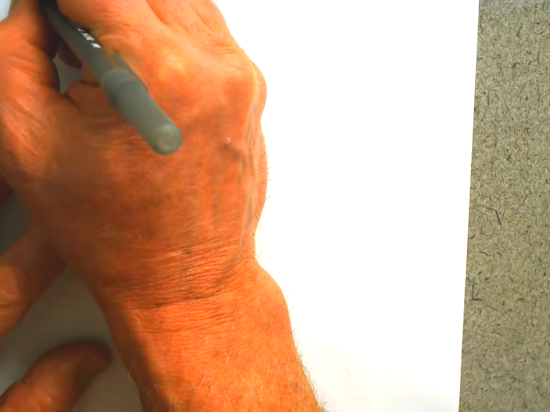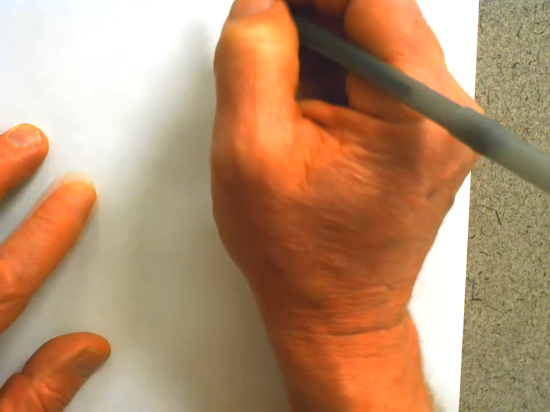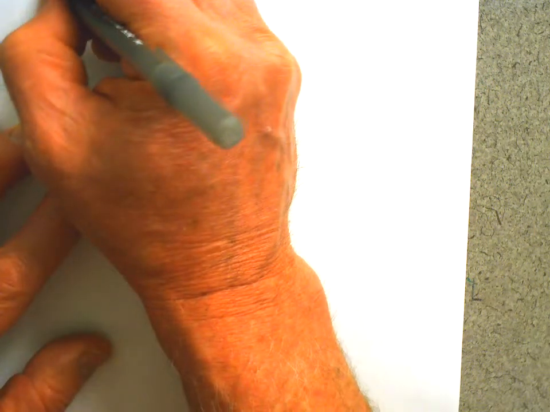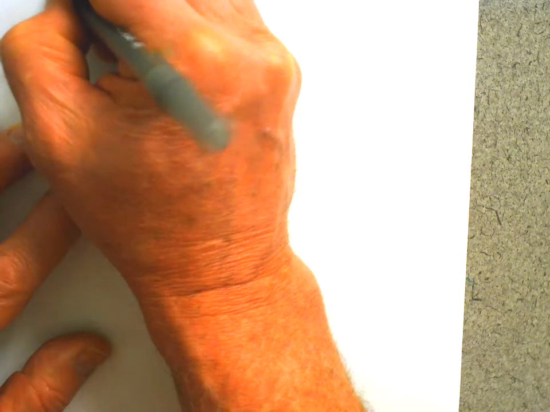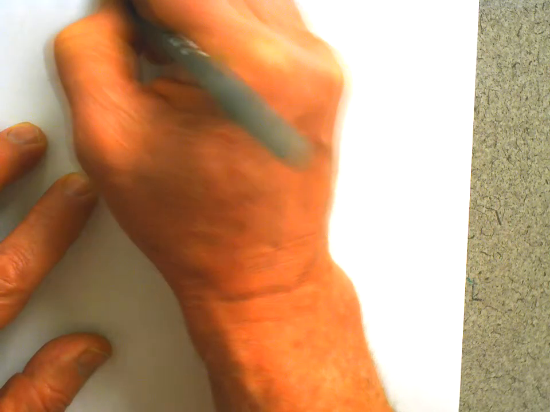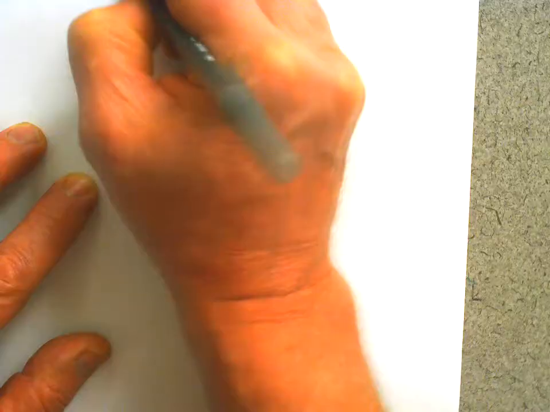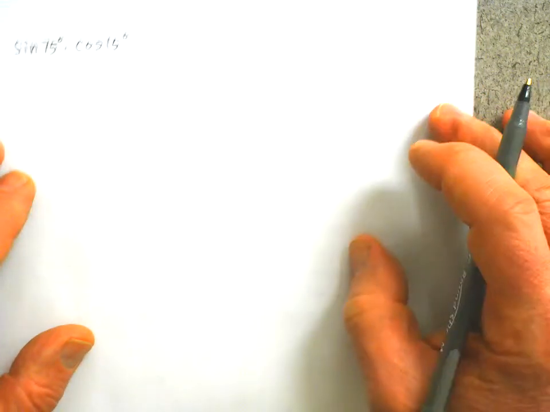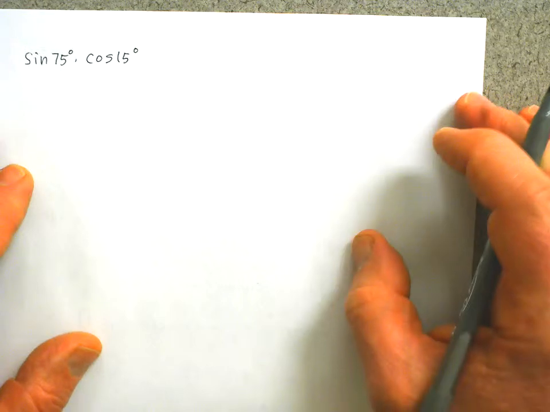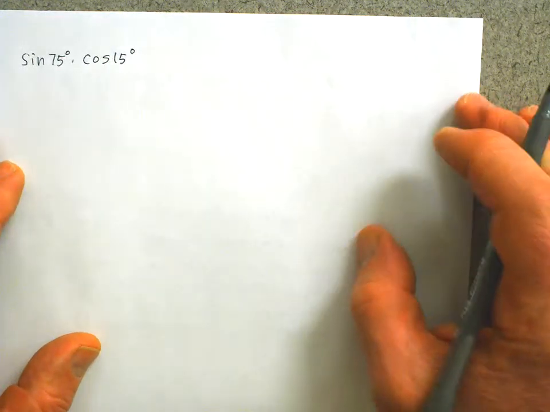So how would you go about simplifying something like sine of, say, 75 degrees times cosine of 15 degrees? It would help if you could see it, I guess. Sine of 75 degrees times cosine of 15 degrees.